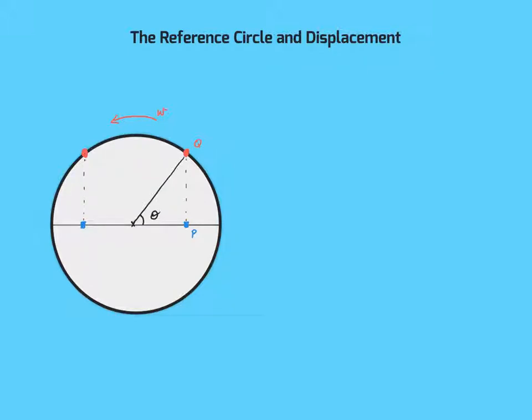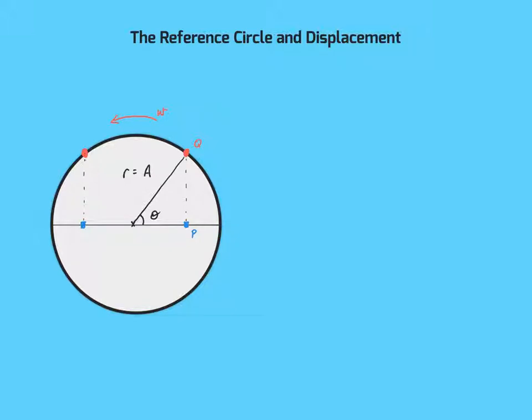So if we want to figure out where P is in reference to the center of that circle, or if we're looking at a mass spring system, if we want to figure out where that mass is in reference to the equilibrium position of the spring, we can just use trigonometry. So you see that we have a triangle here, and the hypotenuse of that triangle is r, but for our purposes, we're going to call that the amplitude.